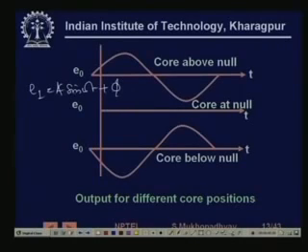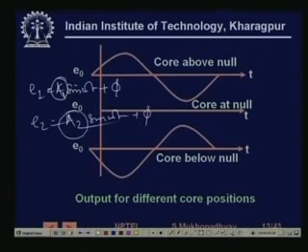Because it is linking more number of turns, A1 will be larger, and E2 will be another sinusoidal EMF, A2 sin omega t plus phi. But this A2 magnitude is going to be less than A1. So when you do E1 minus E2, you are going to get one sine wave. If the core is below null, then you are going to get another sine wave.